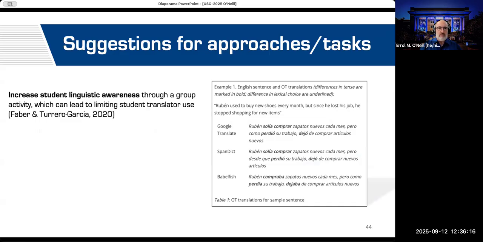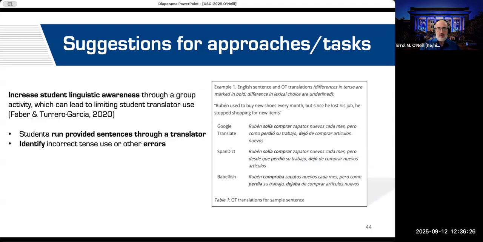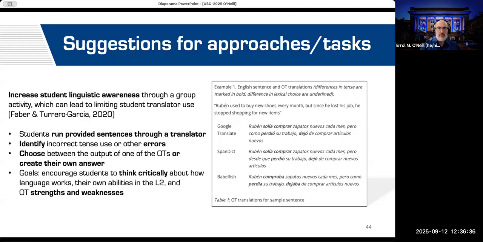Another example is increasing student linguistic awareness through a group activity. With this study, students ran sentences through a translator. They were asked to identify tense use or other errors. They chose between the output of either one of the online translators, or they created their own answers.